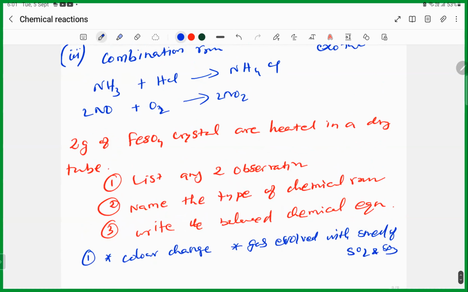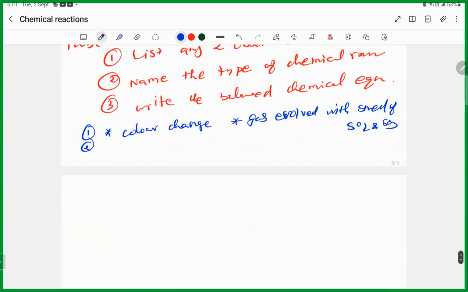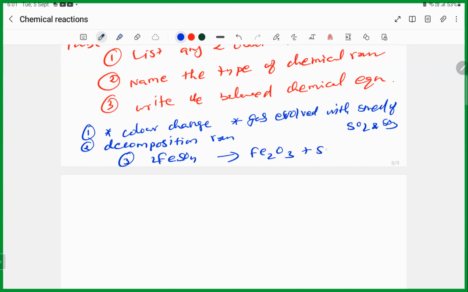Then what type of reaction is it? Decomposition. Very good. And write the balanced equation. Sir, 2 FeSO4, when heated, gives Fe2O3 plus SO2 plus SO3. Very good.